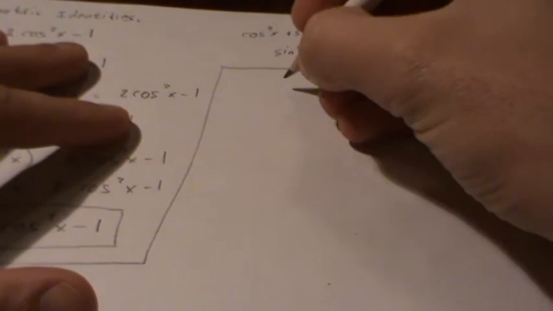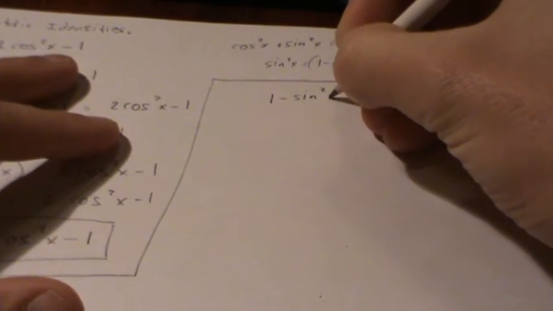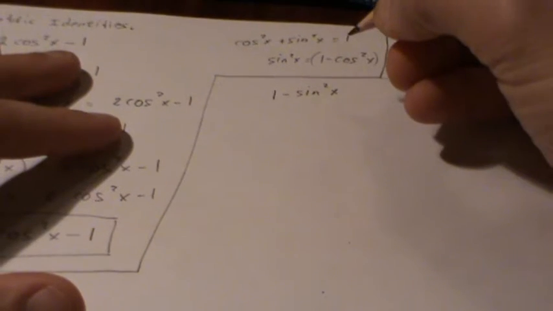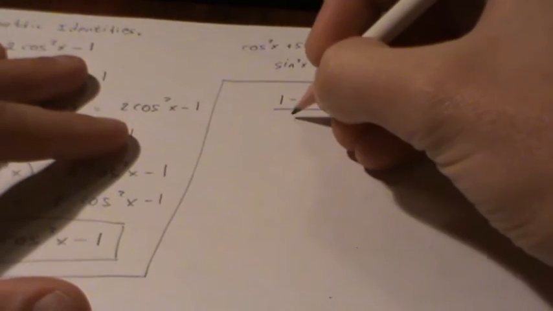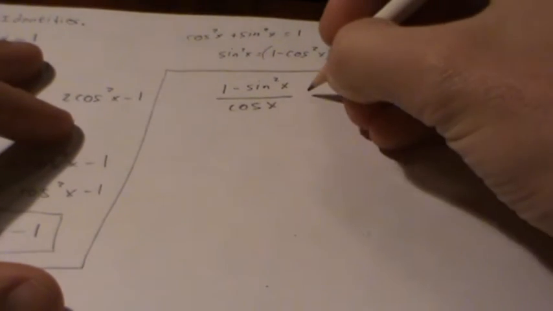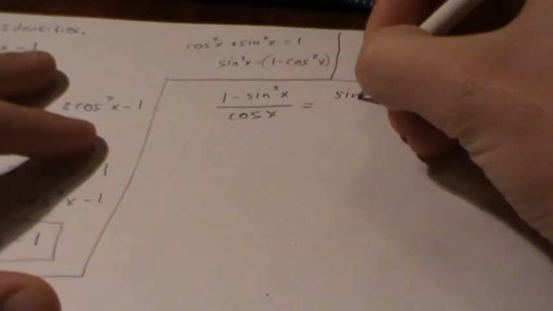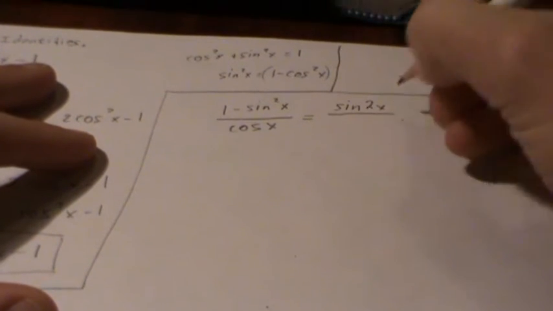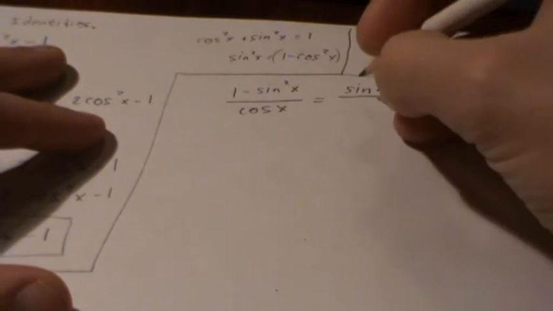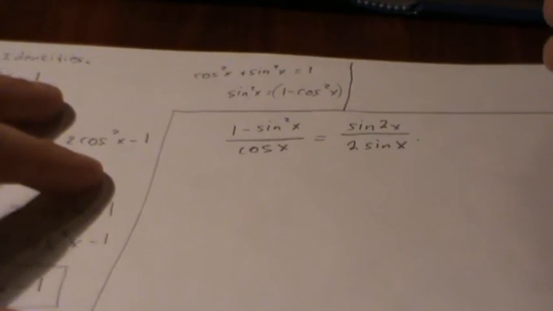Here's another one that I have written down. 1 minus sine squared x over cosine x equals sine 2x over 2 sine x.